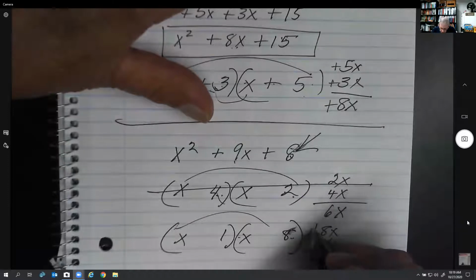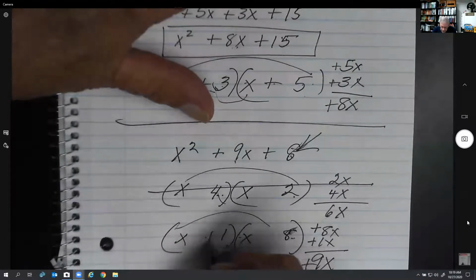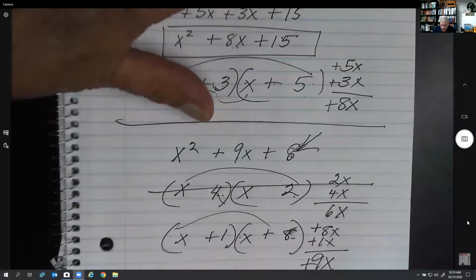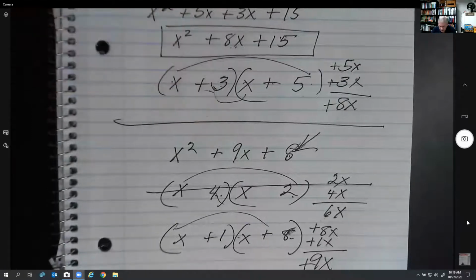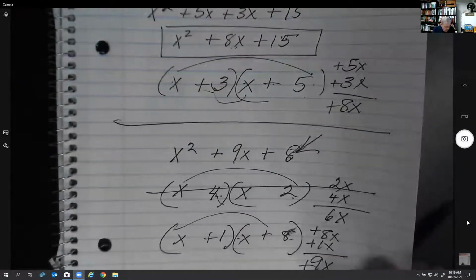So this would have to be a plus to get a positive 9x. Then we do a safety check. Is a positive times a positive a positive? Yes. So I've got my combination. Okay. So that's kind of the idea behind it. We're trying different combinations that will give us the answer that we want.